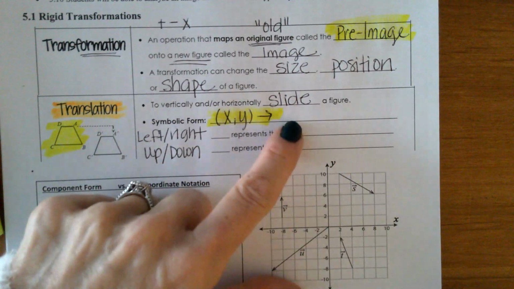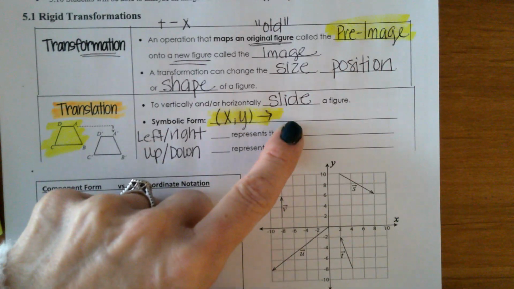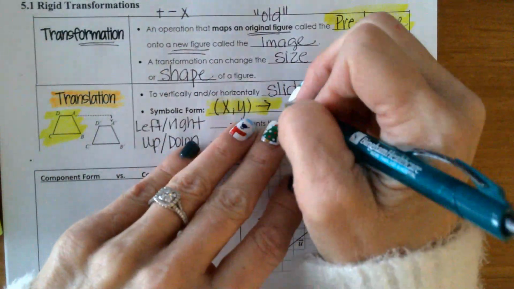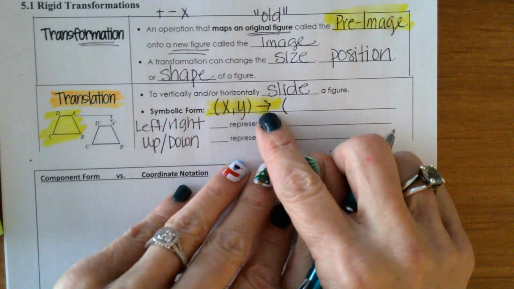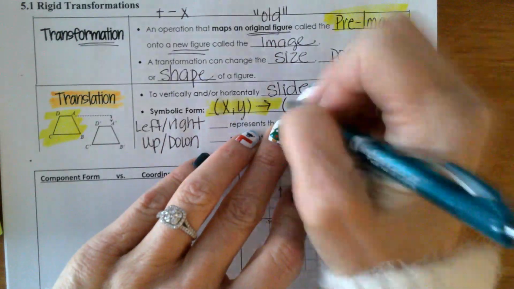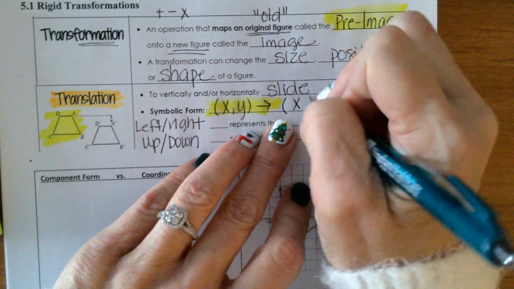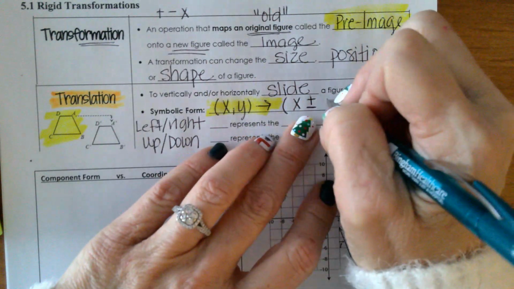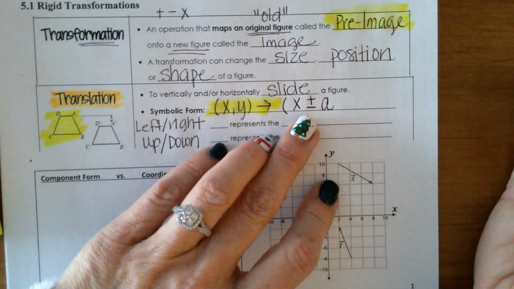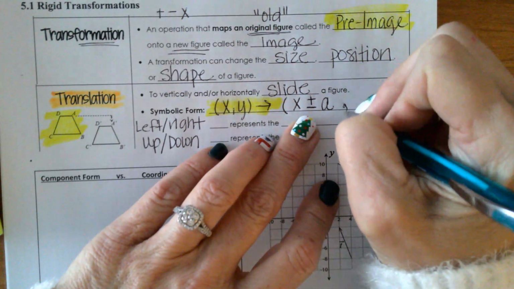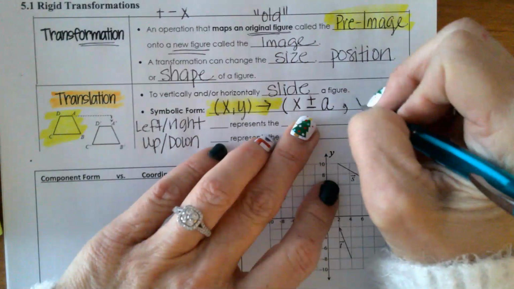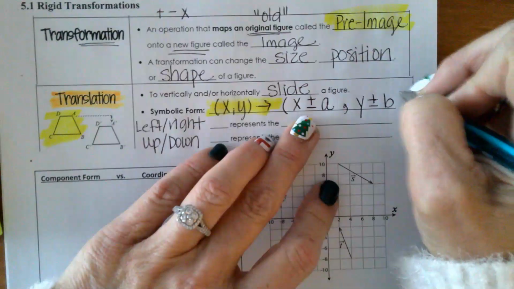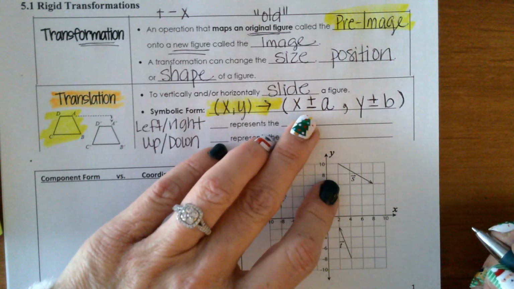Now this part over here, and it's really not an equation, it's more like a notation. After the arrow, you're going to write x plus or minus a, where a is a number, comma, and then y plus or minus b, and b is also a number.